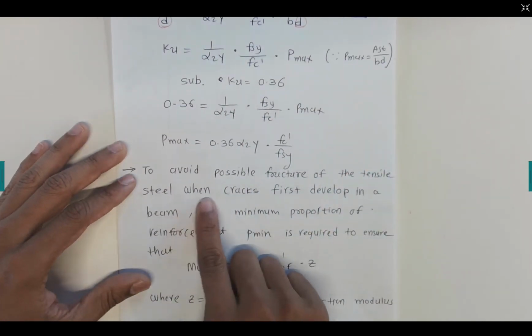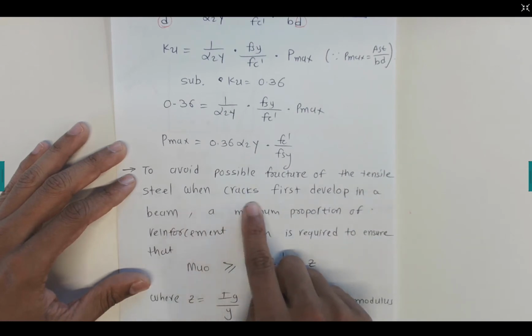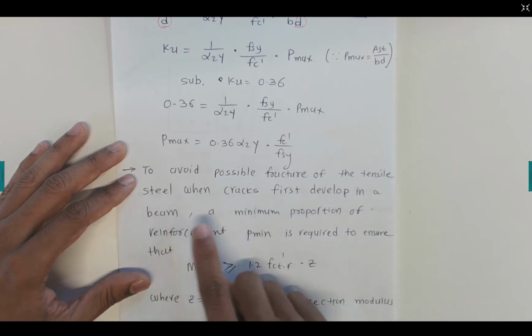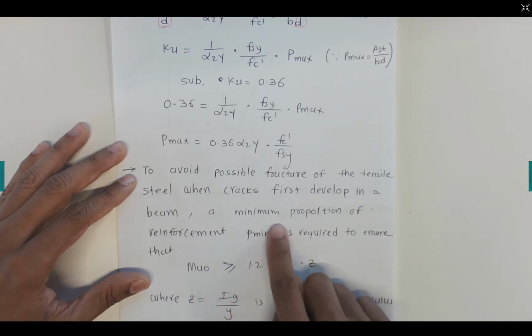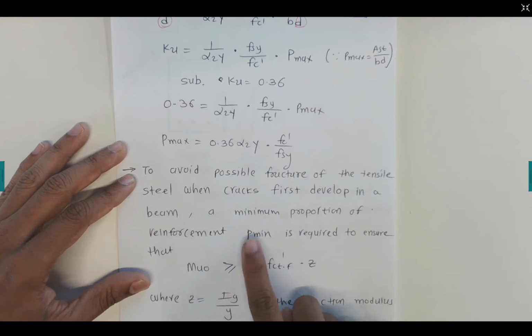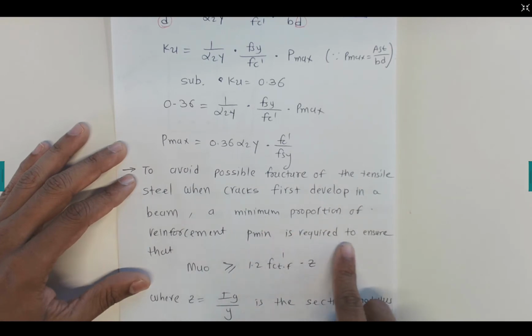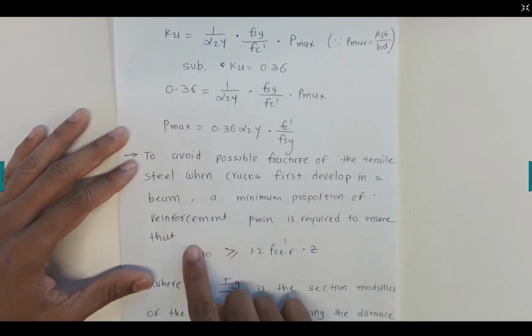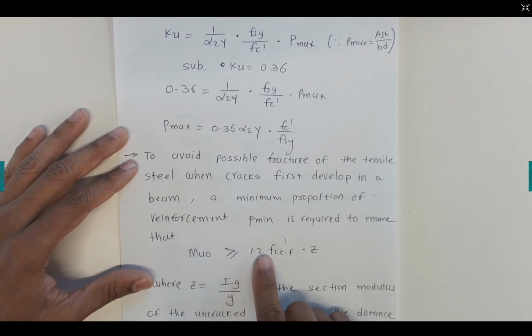Now, to avoid possible fracture of the tensile steel when the crack first develops in the beam, a minimum proportion of reinforcement is needed. We need to know p minimum as well, like we know p maximum. What is the minimum reinforcement ratio required to ensure that Muo is greater than 1.5 f'ct.f times Z?